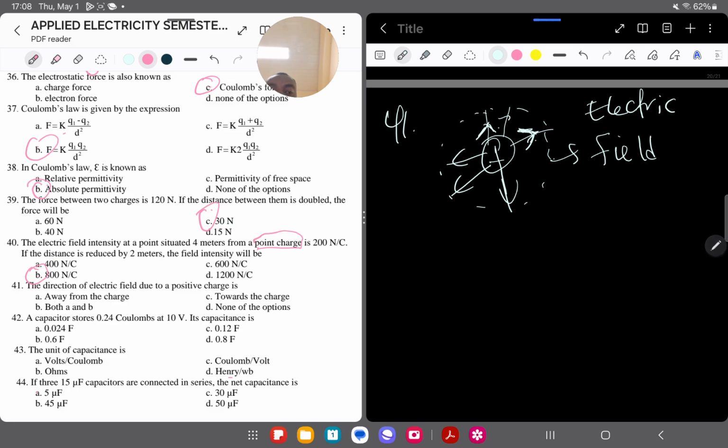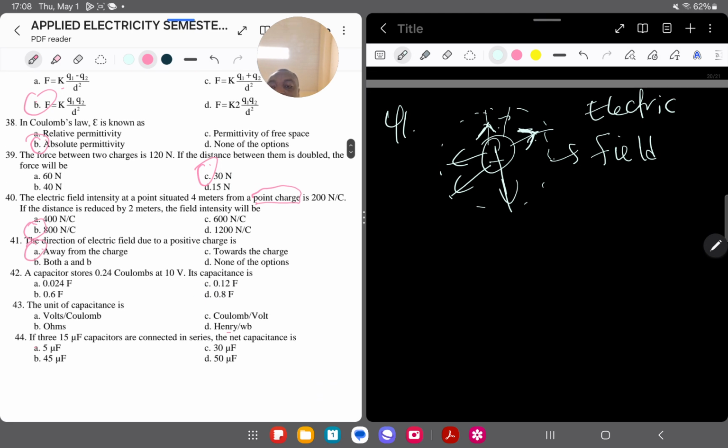You can see they are moving away from the charge. So when you come here, it's actually going to be A. The electric field due to a positive charge is away from the charge. Now question 42.